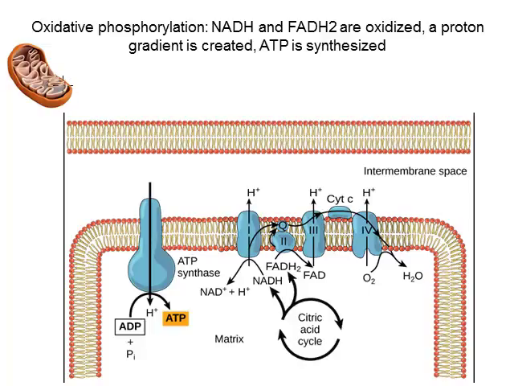So to get the orientation correct, here's a mitochondrion. This is the outer mitochondrial membrane, and this is the inner membrane where the proteins are found. The compartment inside the inner membrane is the matrix, and the compartment between the two membranes is the intermembrane space. There are a number of membrane proteins and membrane-associated molecules involved in oxidative phosphorylation.